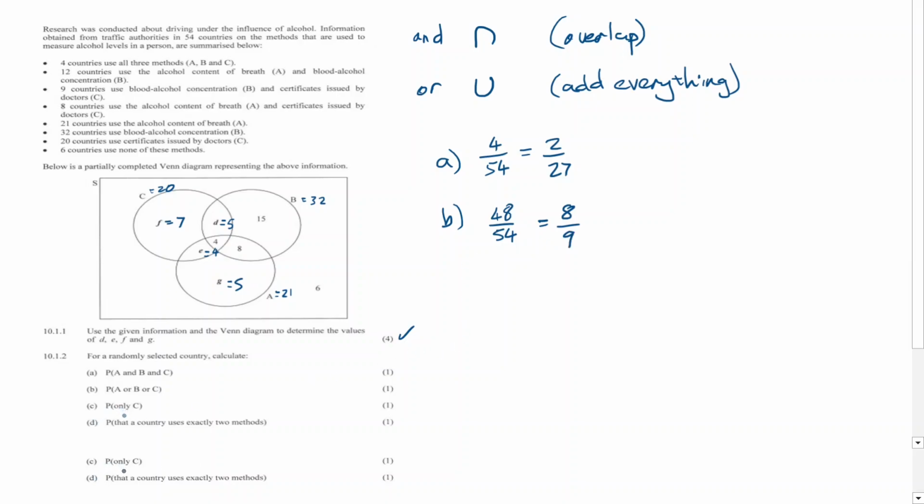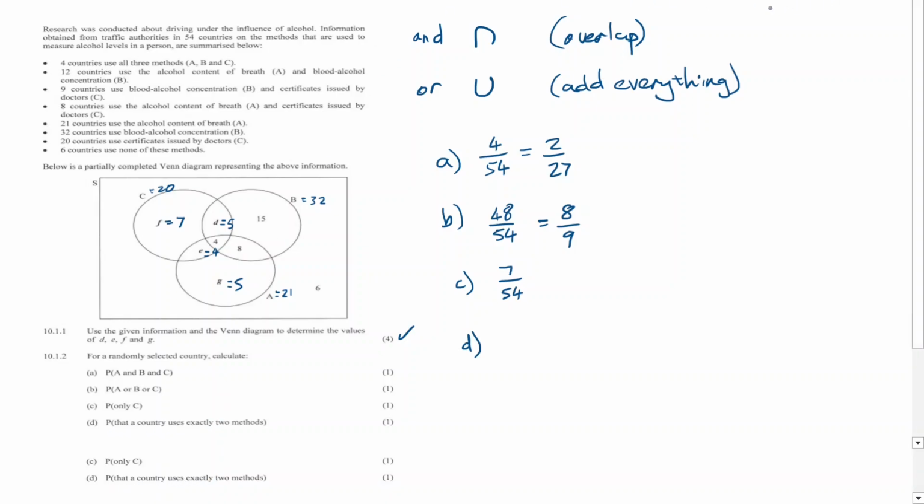And that simplified just gives you an answer of 8 out of 9. The probability of C only, so that's these guys here who only like method C. It's just the 7 of them. And that can't be simplified. And then your last one is probability that countries use exactly 2 methods.